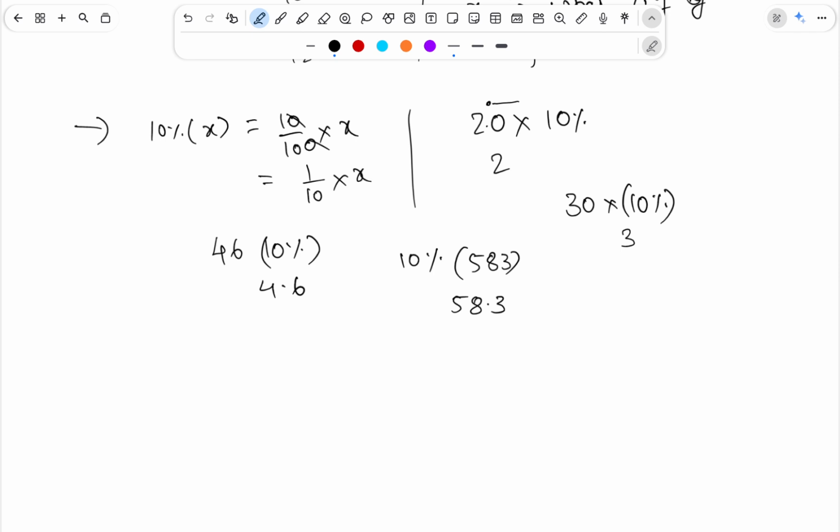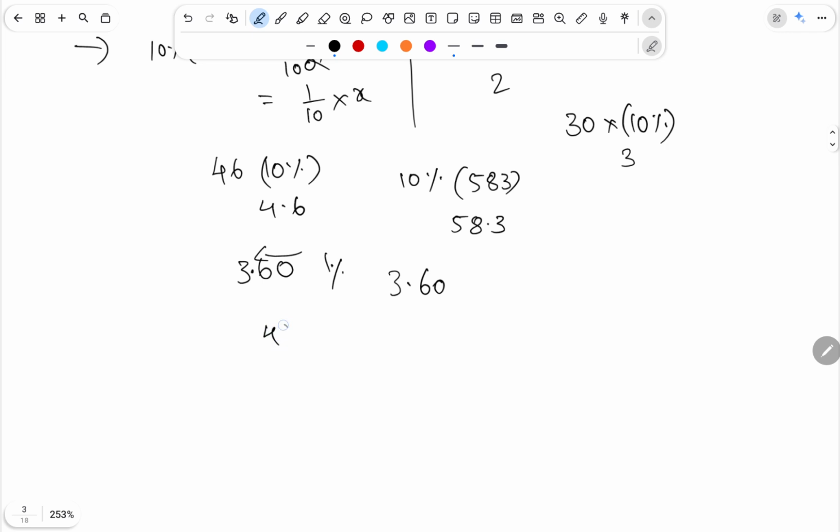Now the question starts. How they will ask was, next is 1%. After calculating 10%, then 1%. Suppose 360. 10% means we moved one decimal from the right hand side. Now 1% means 2 digits from the right hand side. So 3.60.